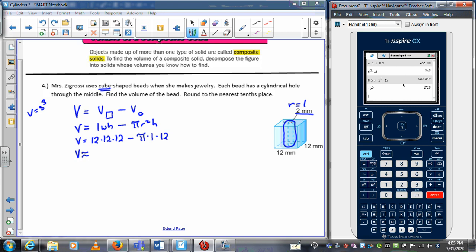And it looks like 1728 minus 12 times 1 times pi. So let's see, pi times 1 times 12.